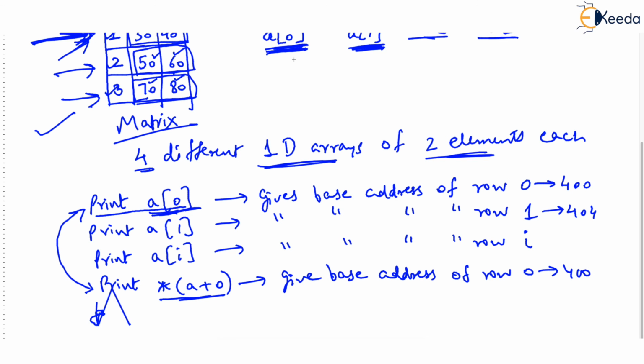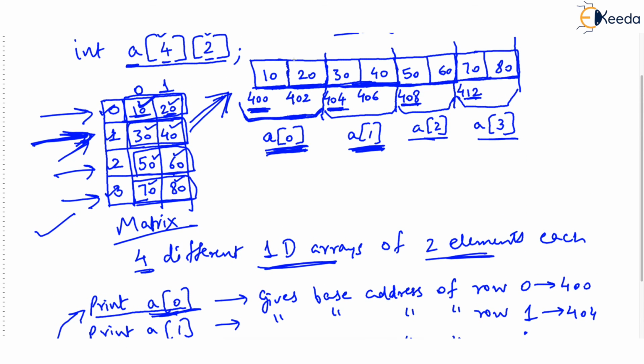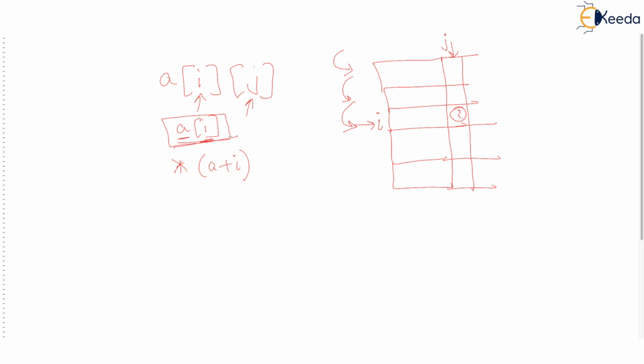Check the diagram that we have seen earlier. Name of the array with single subscript gives us the base address of that row, isn't it? So this A[i] gives the base address of the ith row. This can be written as *(A+i) because these notations are same.